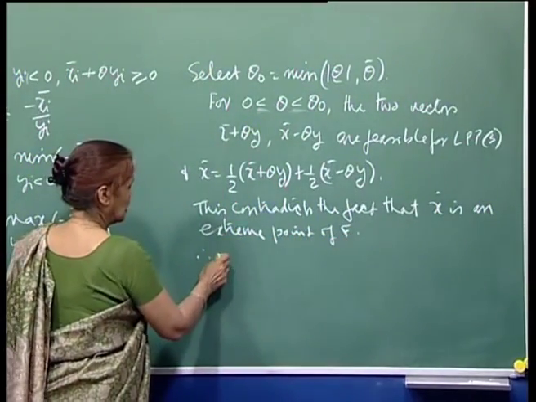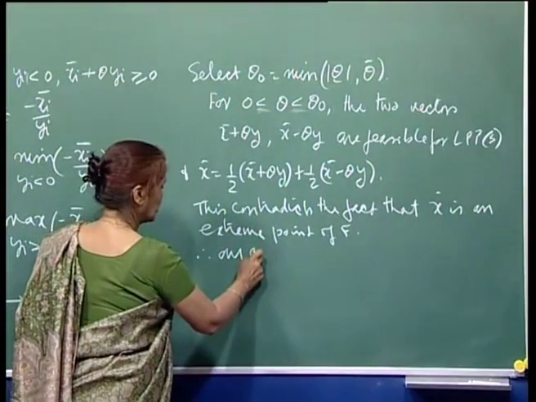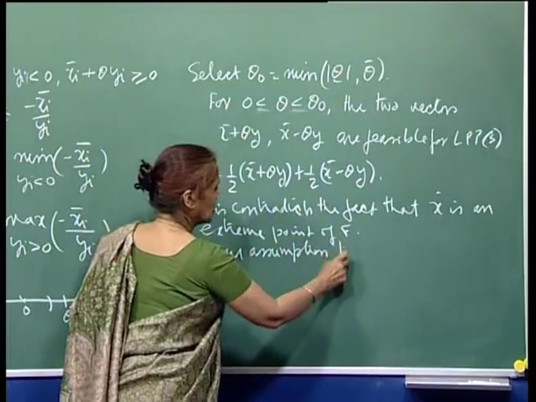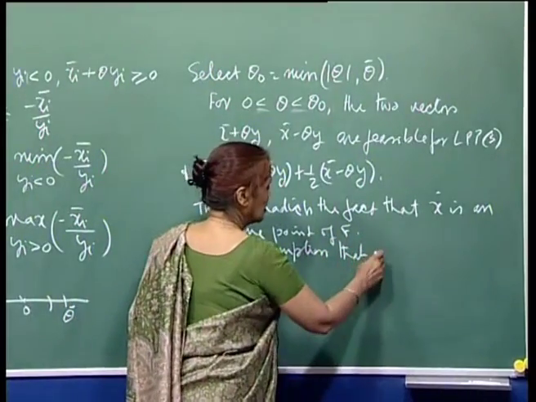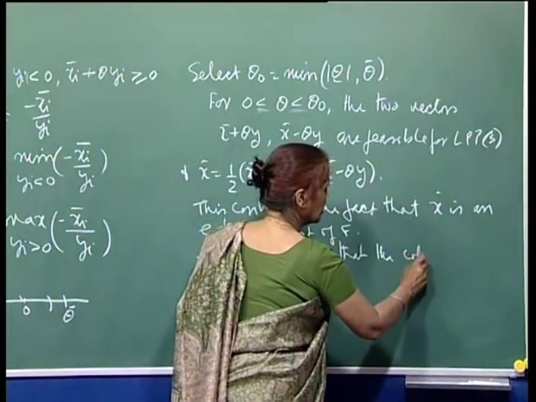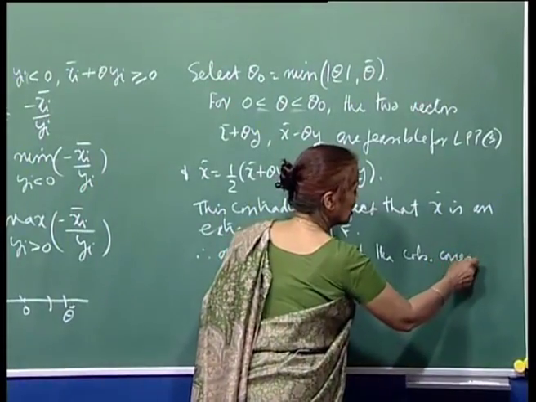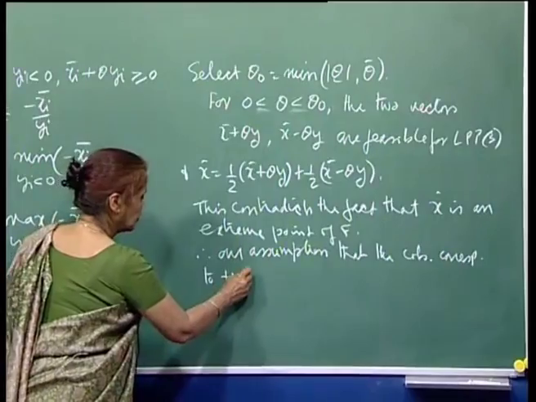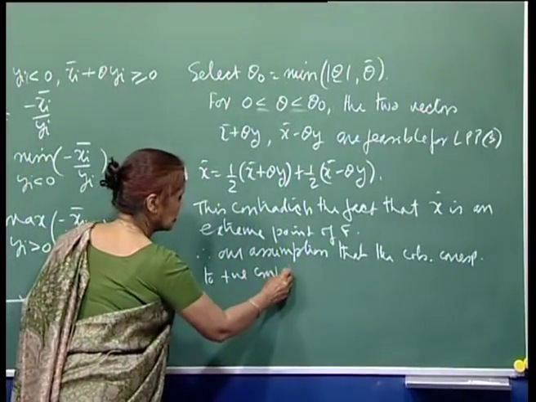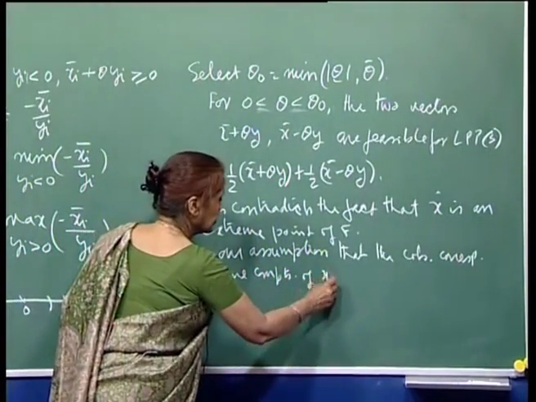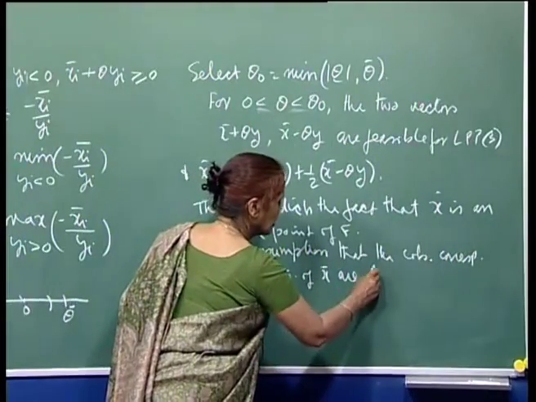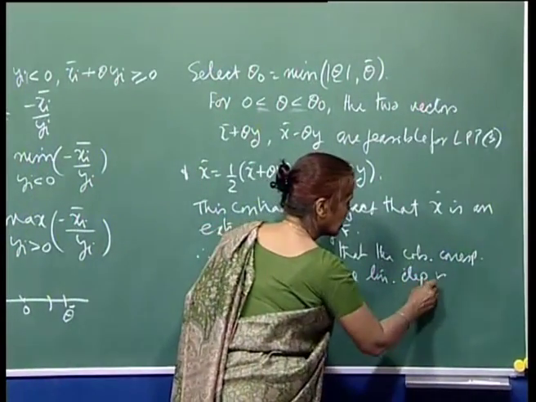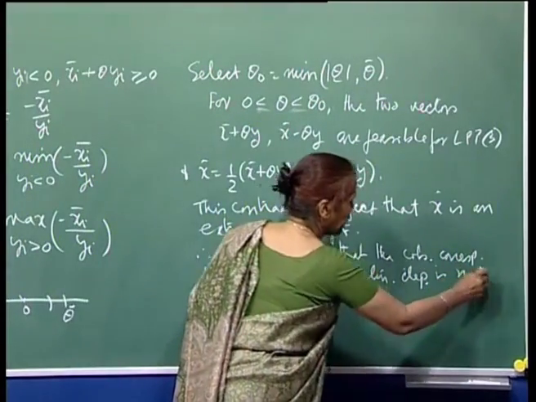Therefore, our assumption that the columns corresponding to positive components of x bar are linearly dependent is not correct.